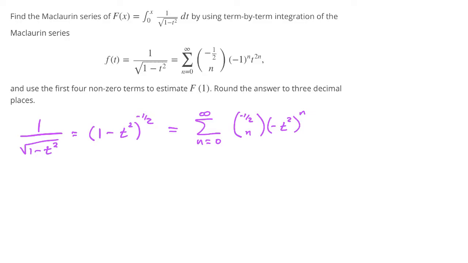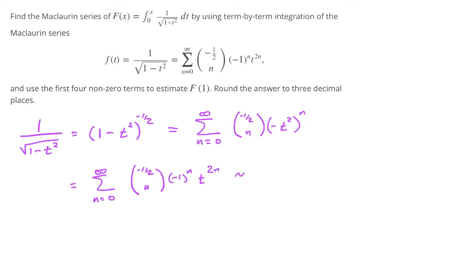So that gives us our series expansion: the sum from n equals 0 to infinity of negative 1/2 choose n, times negative 1 to the n power, times t to the 2n power.